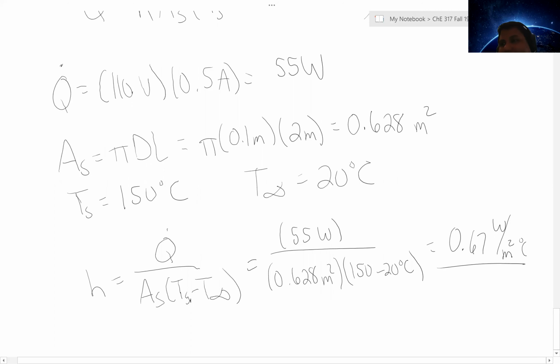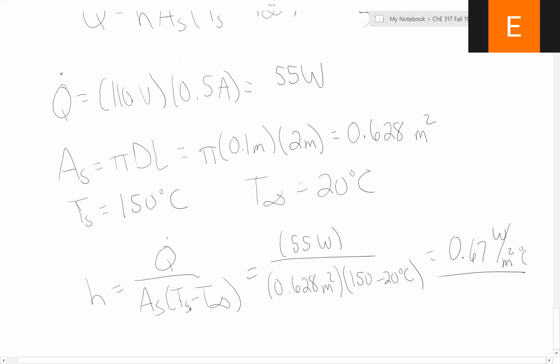I'll try to keep it in. Go ahead. What's the formula for heat from voltage and the amps? What is that relationship? Voltage times amps gives you watts. P equals IV, from physics.